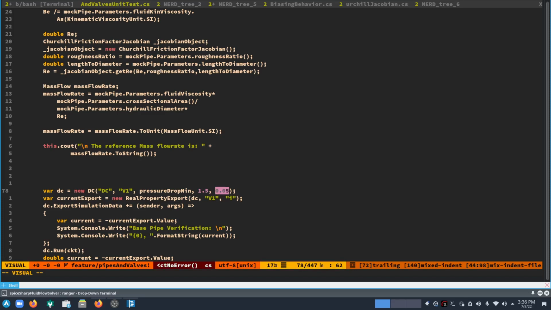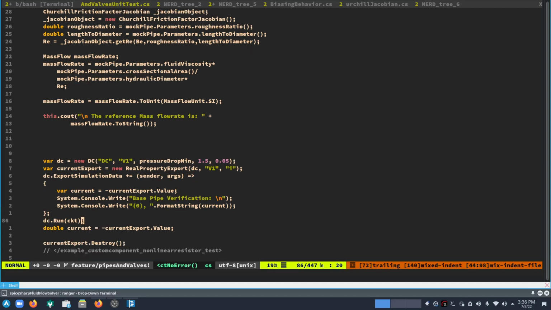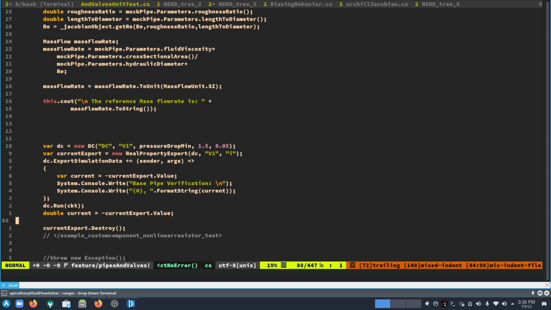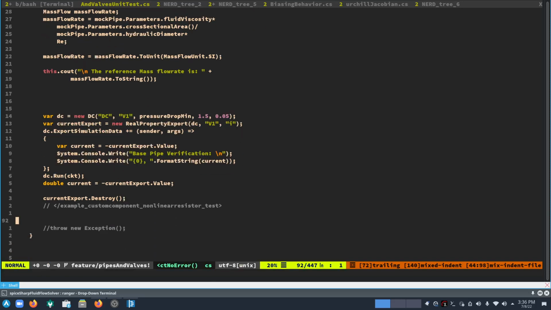If not, the thing won't work. This is the minimum pressure drop, this is the maximum pressure drop, and this is the interval between, and then it will keep doing steady states. Over here we have our pressure drop value, format it as a string, and after that we just do some cleanup and we're done.